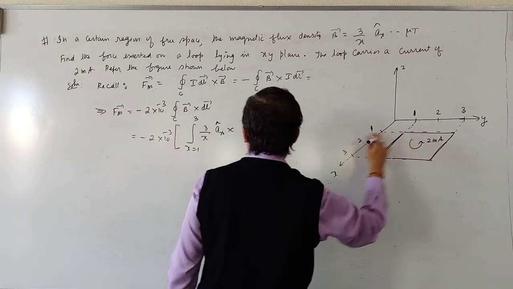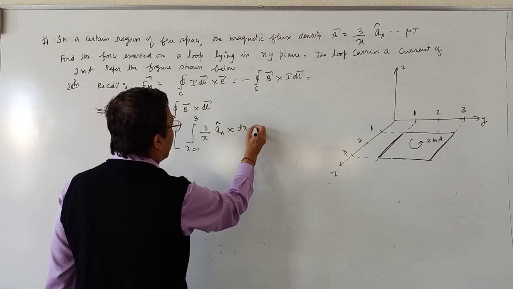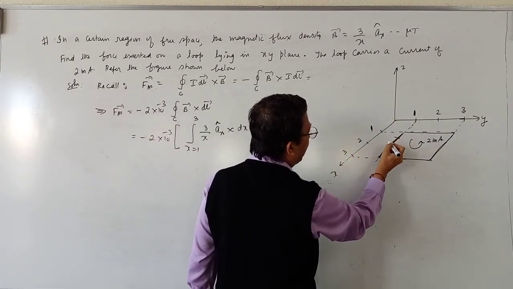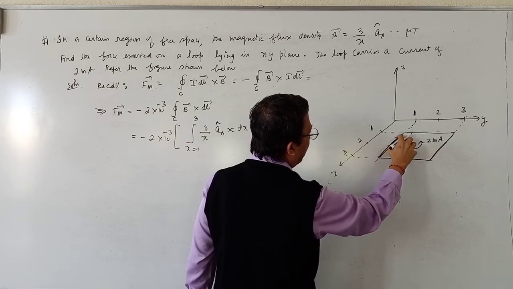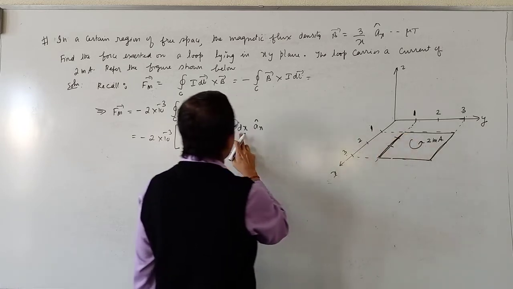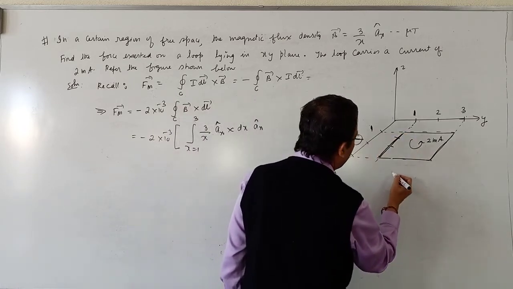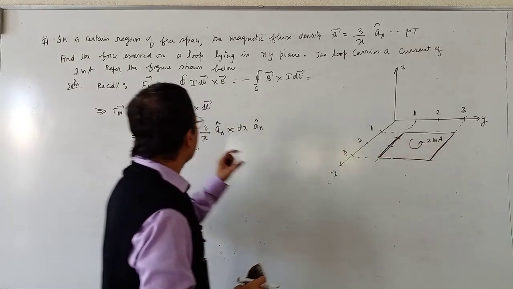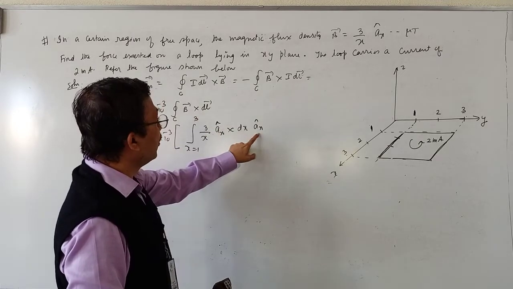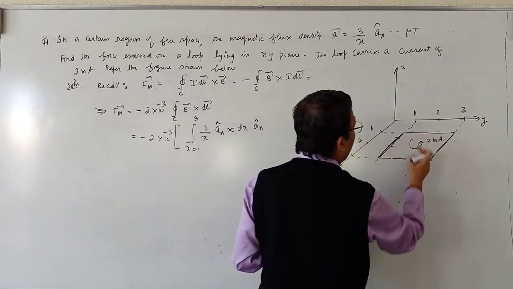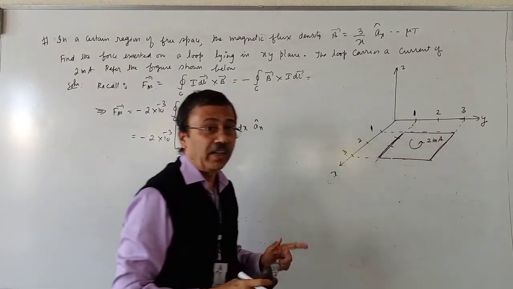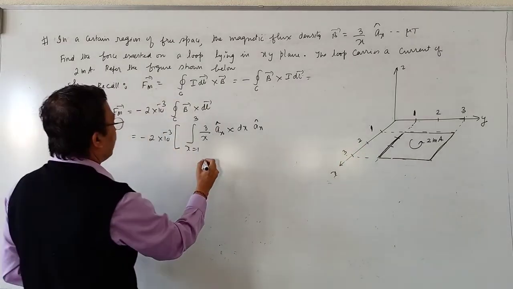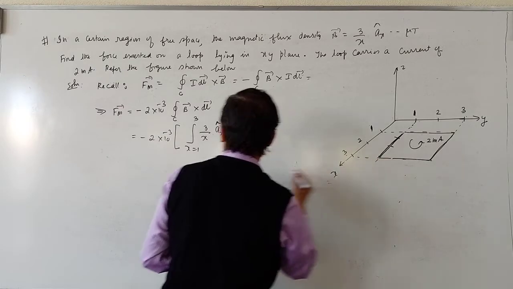Vector dl is dx into ax, since this line is parallel to the x-axis. For a line parallel to the x-axis, vector dl will be dx into ax. For straight lines parallel to the y-axis, these two, vector dl is dy into ay cap.